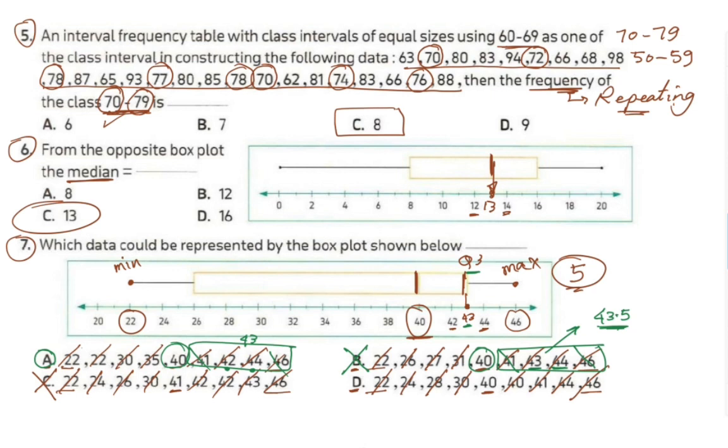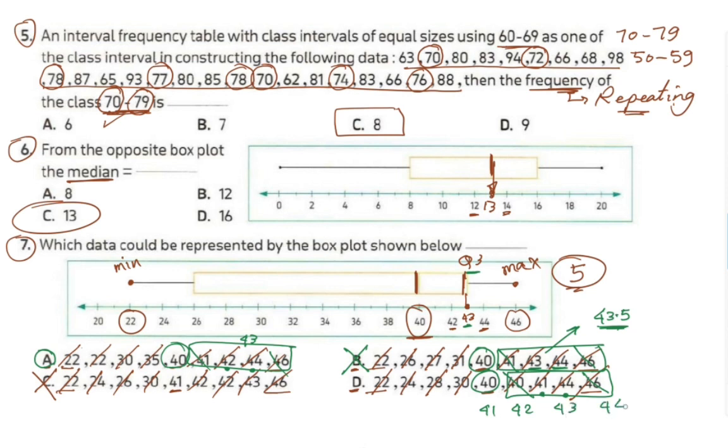Now, let's choose D. Delete the median, and we have 4 numbers. Delete one from right, one from left. You have 41 and 44. In between 41 and 44 we have 42, 43.